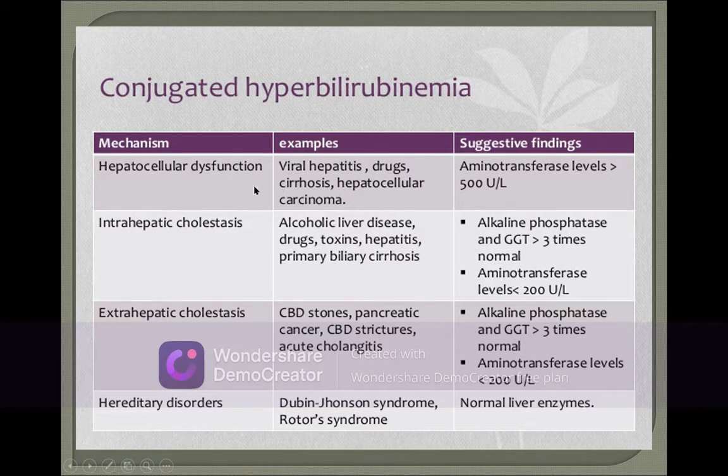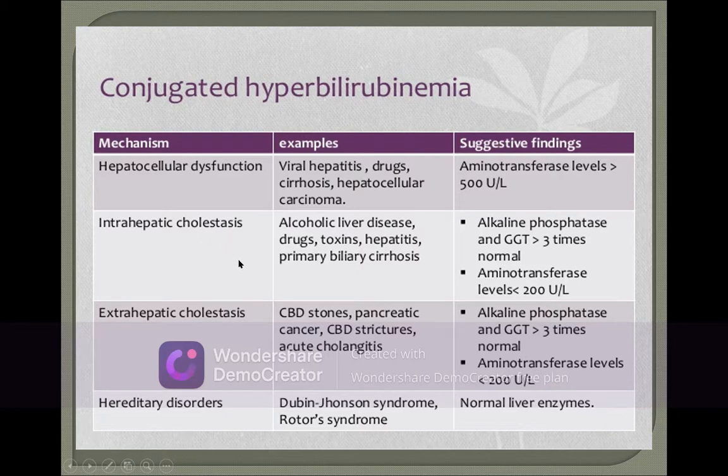It is also called hepatocellular jaundice. In this case, the AST and ALT will be much higher, and the conjugated bilirubin is more than the unconjugated bilirubin.